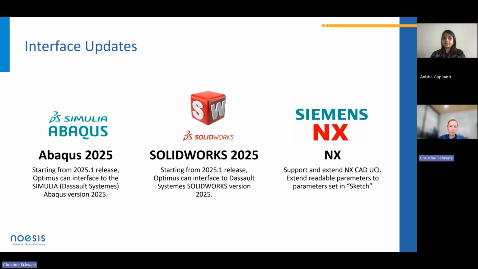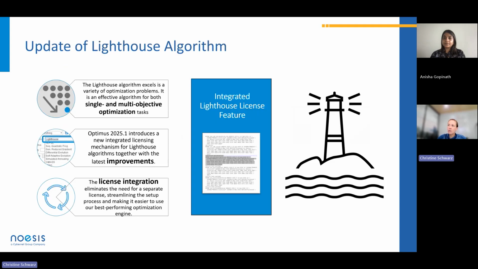Also, our Lighthouse algorithm, which is suitable for single and multi-objective optimization tasks, is now being updated and is supporting the latest improvements. And together with that, the new licensing scheme is also integrated in the Optimus software now. So it's even easier for the user to make use of our best performing optimization algorithm.